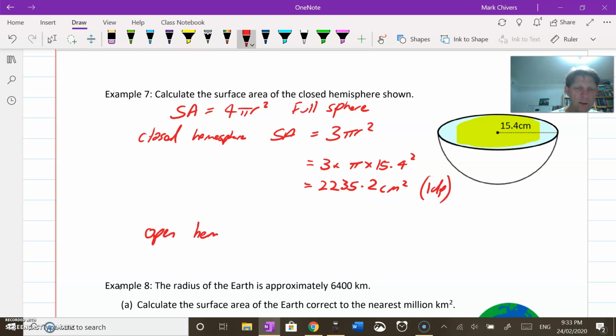An open hemisphere, if it was more like a bowl, for instance, would have the surface area equals 2 pi r squared, half of the original sphere. So you do have to pay attention when you're being asked about a hemisphere. You're either going to have a closed one, which is going to be 3 lots of that area of the circle formula, or you're going to have an open one, more like a bowl, and that's going to be 2 lots of that area of the circle formula.